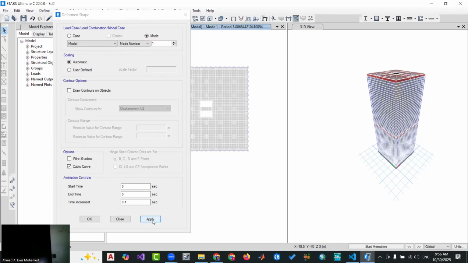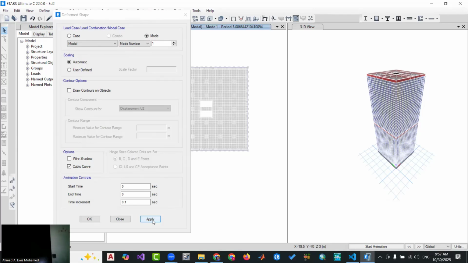So we should calculate this T, the time period. With the equivalent static method we can calculate one number, but the software is very good in this part because for each mode it gives us a time period. For example, this one has a time period equal to 3 seconds.